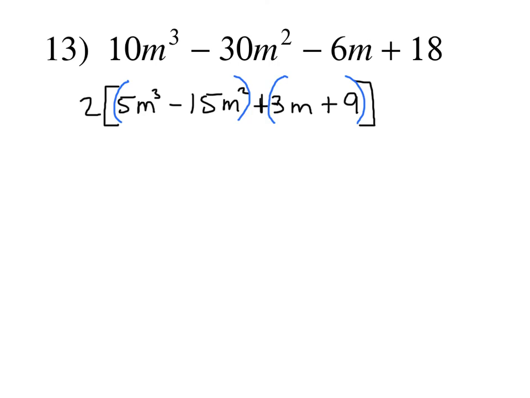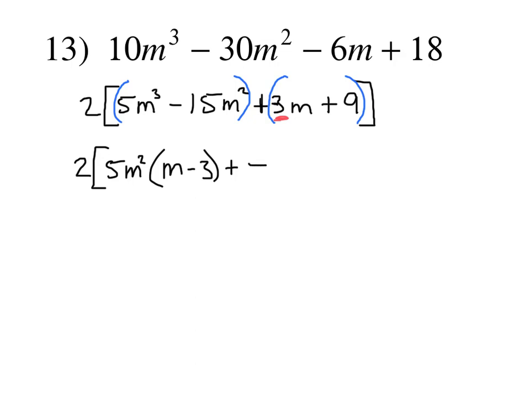All right, we work it just like the previous problem, except that 2 comes along for the ride outside. Looking at the first group, I can factor out a 5m squared. Inside my parentheses, I'm left with m minus 3. Now in the second group, I got that plus sign from above, but now my leading coefficient is negative, so I need to factor out a negative number.